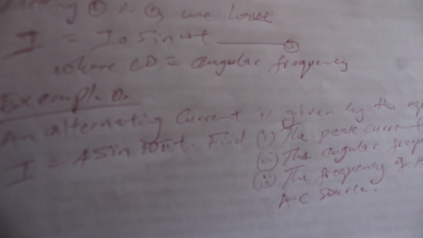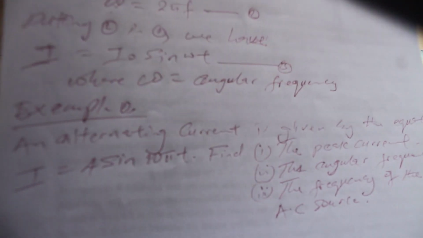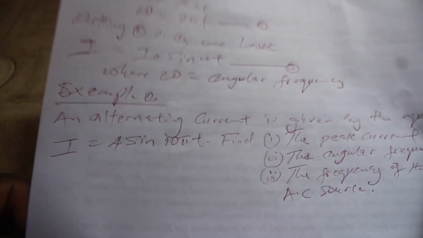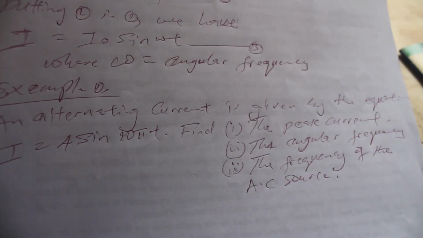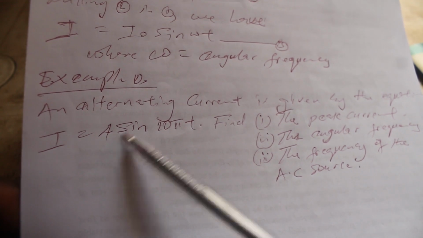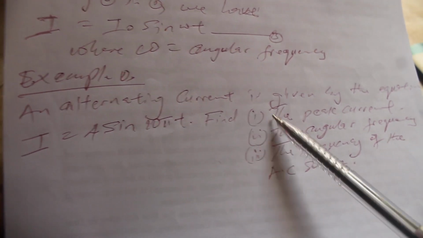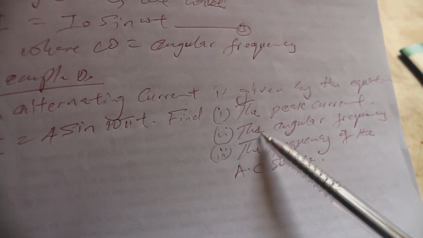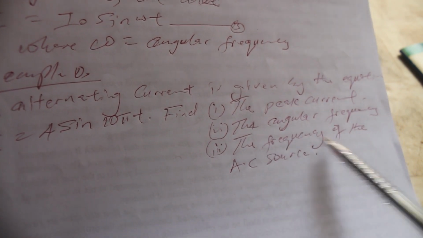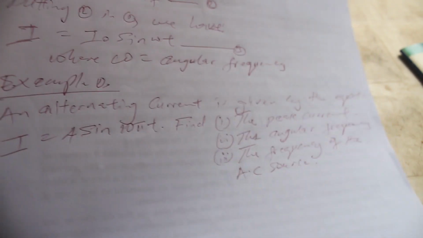So an alternating current is given by I = 4 sin(10πt). Find the peak current, the angular frequency, and the frequency of the AC source.